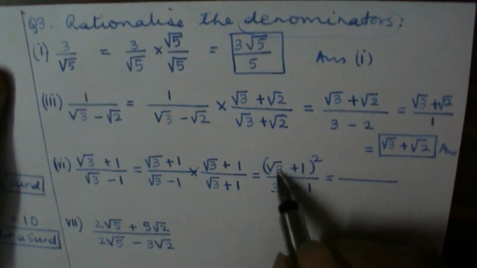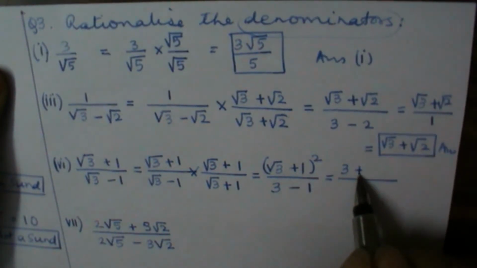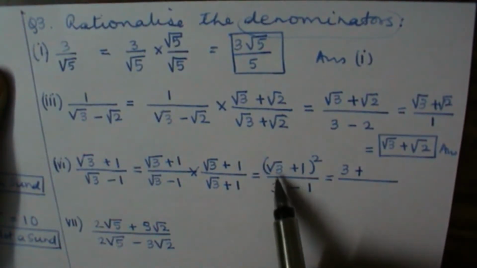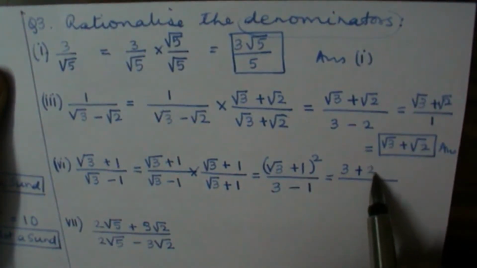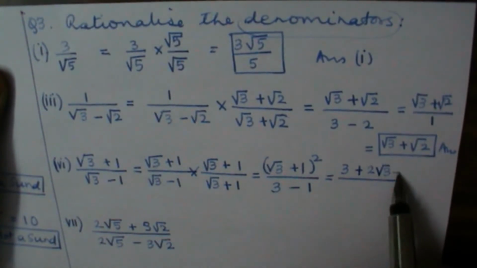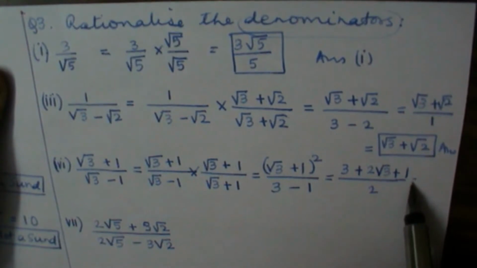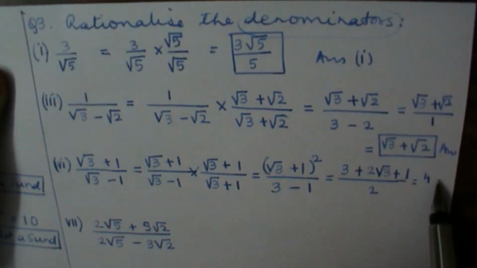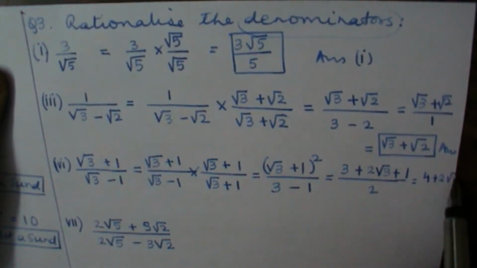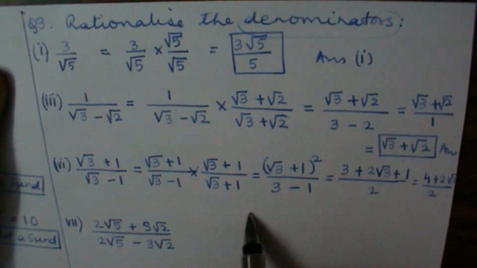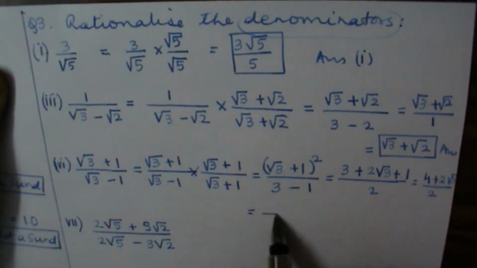So it will be root 3 whole square is 3 plus 2ab means 2 into root 3 into 1 means 2 root 3, and plus 1 square is 1, and that will give me 4 plus 2 root 3 upon 2, and then we will take out the common factor.